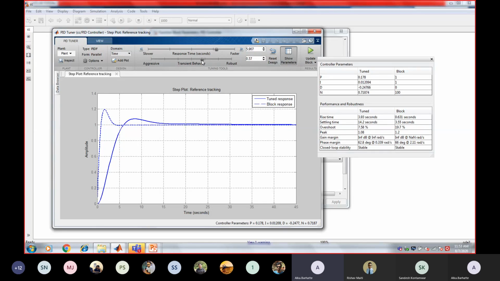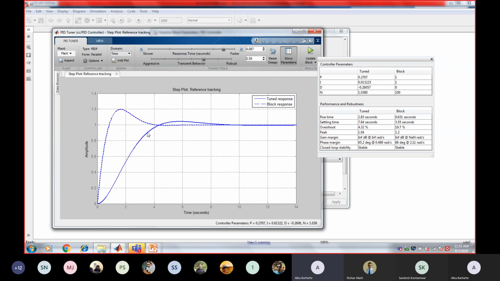So this is how you can tune using these two waveforms. This is giving us better, and actually our previous one was better, we can go back to that one. But if you are not getting the proper response, this is how you can obtain it, by tuning.